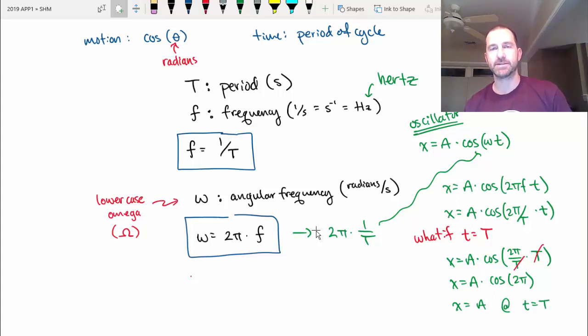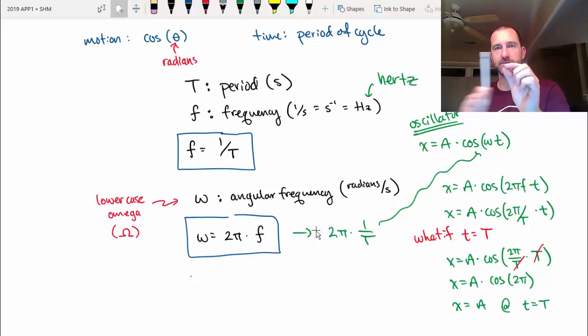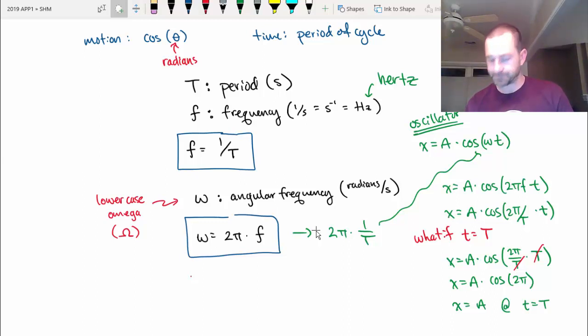So when the time hits that special number called the period, and it goes over and comes back to its original position at that exact amount of time, it's at position A. That is the magnitude of its displacement. Now, depending on where you start, if you start at positive A or negative A, you have to change what that amplitude variable is, but that is a nice little check to make sure that we're not making crazy equations.